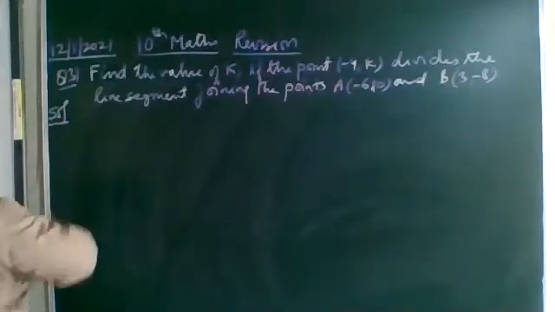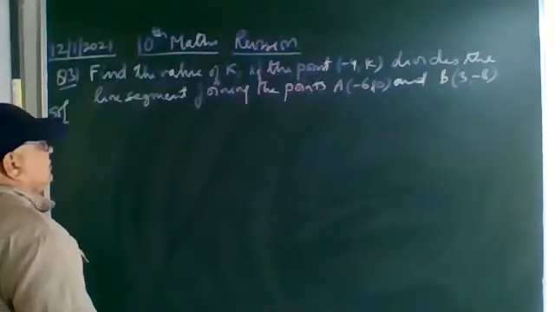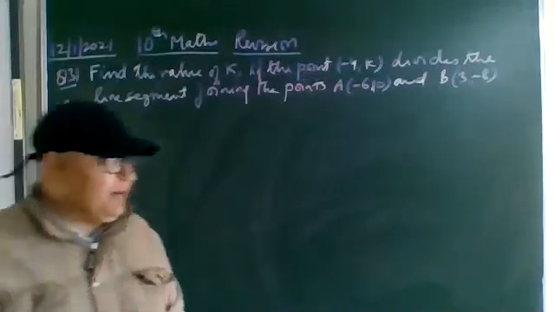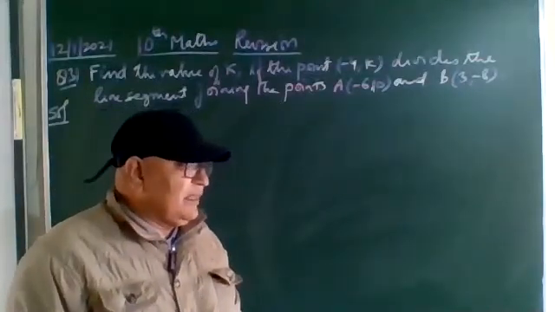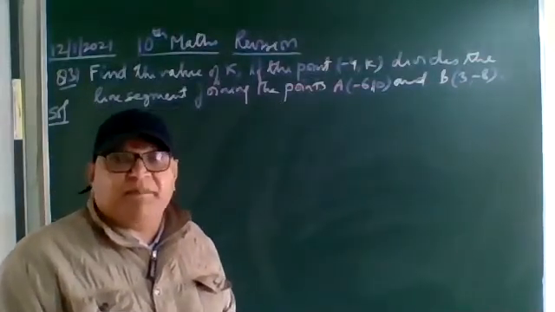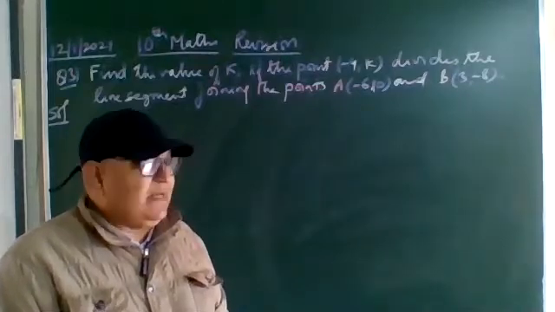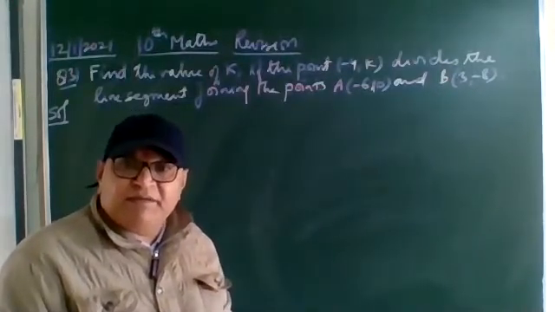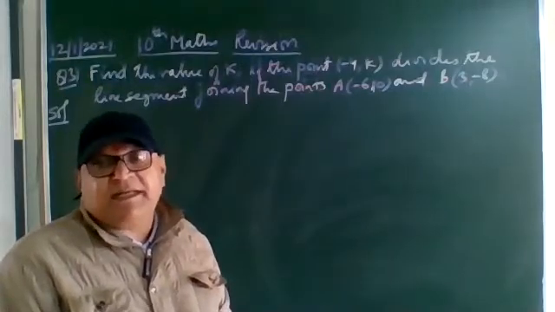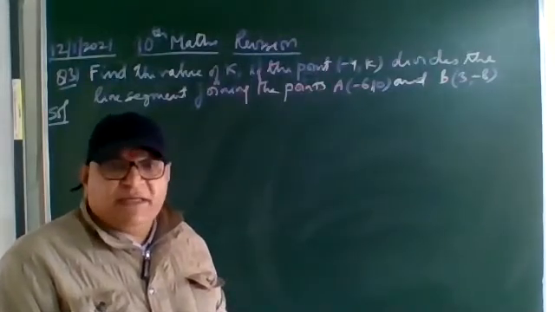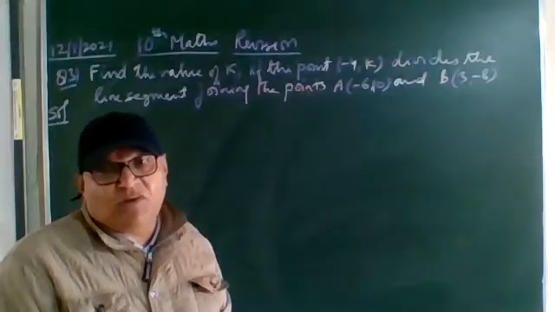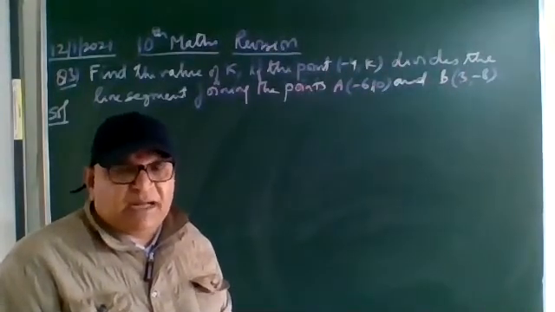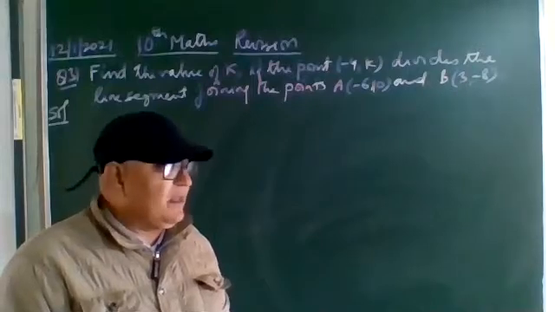Solution. First of all, in the section formula, what you should know is that a line segment can be divided by a point, it can be divided by the x-axis, by the y-axis, or by a line. A variety of questions are there on this section formula.